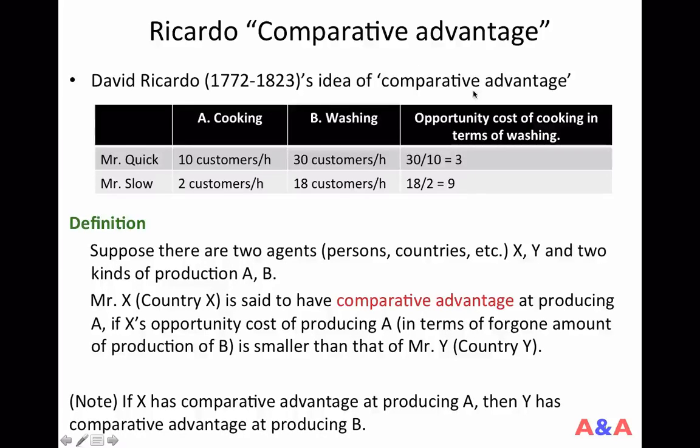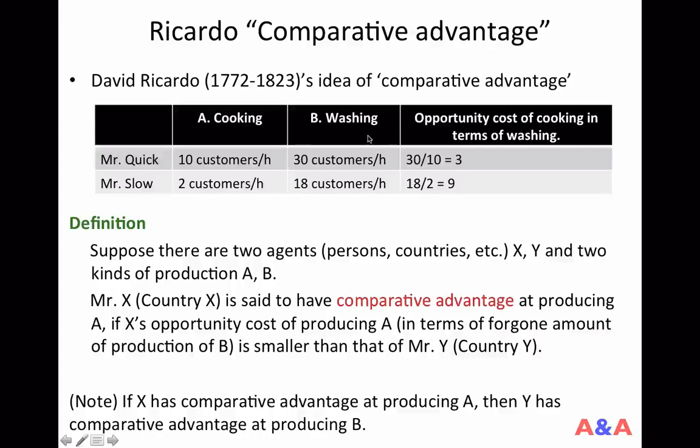This opportunity cost is something personal. So if you consider opportunity cost of dishwashing in terms of cooking, then everything will be the other way around. For Mr. Quick, the opportunity cost of dishwashing will be 10 over 30 equal 1 over 3. That's inverse of 3.